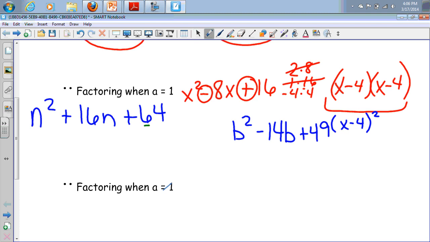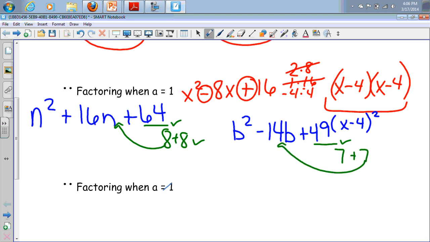Ask yourself, is 64 a perfect square? Check. Is 49 a perfect square? Check. Okay? So if it's a perfect square, what's its square root? 8. Is 8 plus 8 16? Check. What's its square root? 7. Is 7 plus 7 negative 14? No, but negative 7 and negative 7 are. Check. So then we get ready to do our bubbles.